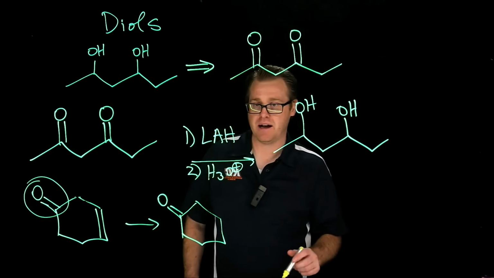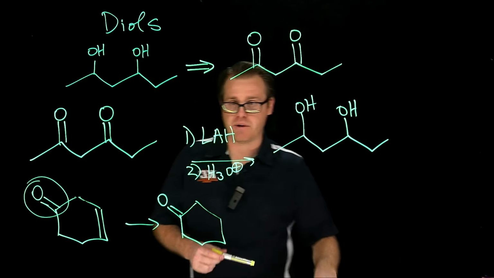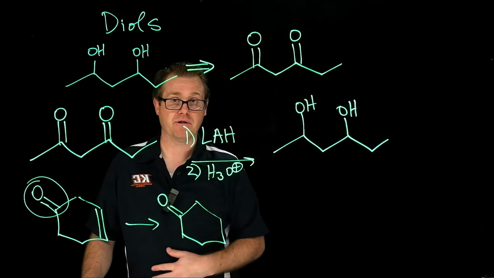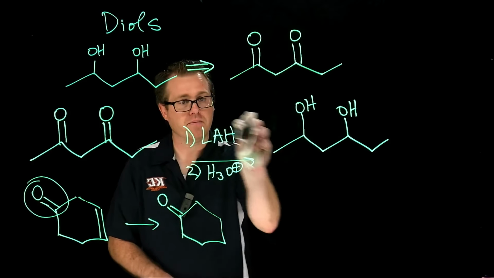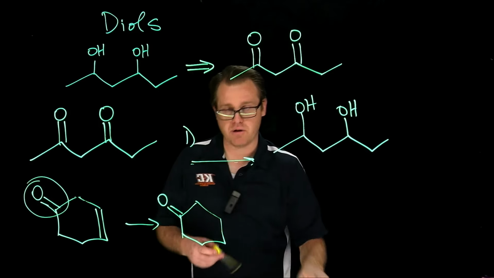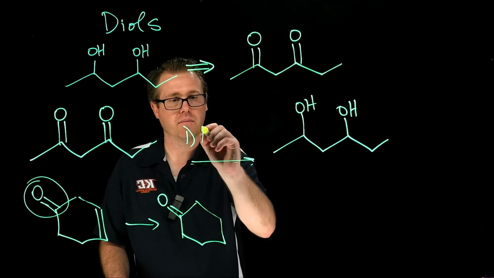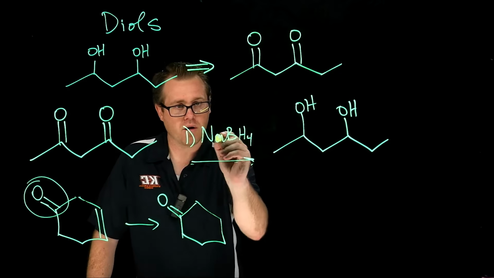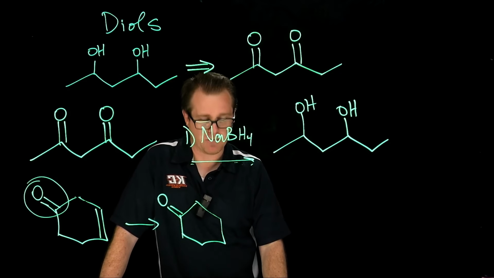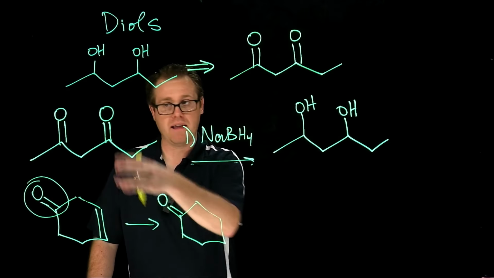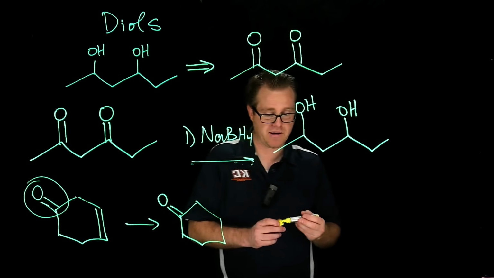What's a reducing agent that's similar to lithium aluminum hydride? That is sodium borohydride. And when you use sodium borohydride, you don't need to have an acidic workup. That will also do the same transformation.